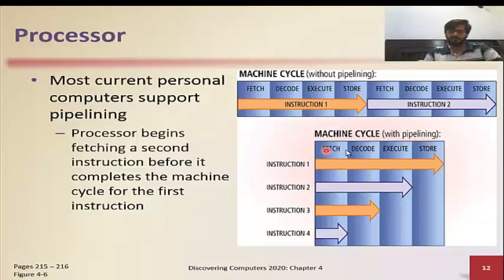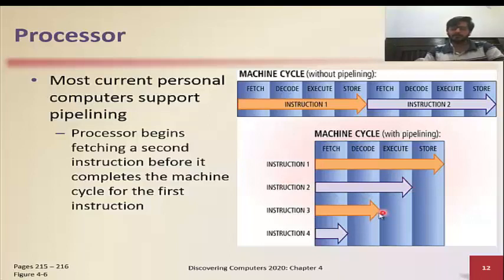And look at this, we have the same machine cycle: fetch, decode, execute, and store. But what happens here, for example, when instruction 3 reaches the decoding phase, the computer fetches instruction 4. Similarly, when instruction 2 reaches the execution phase, your CU fetches the third instruction.